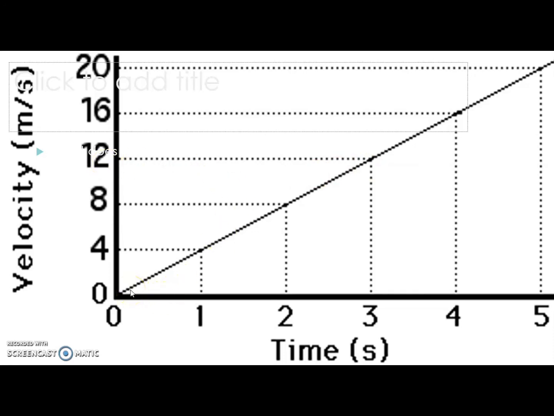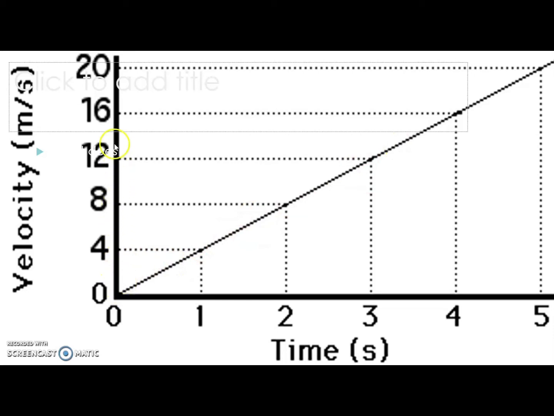So before, when we looked at a distance time graph and we saw this nice straight line, it meant that they were traveling at a constant speed. Speed wasn't changing. Here, however, you can see that as the line goes up, speed is changing.